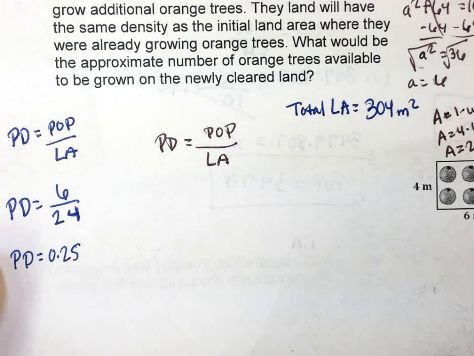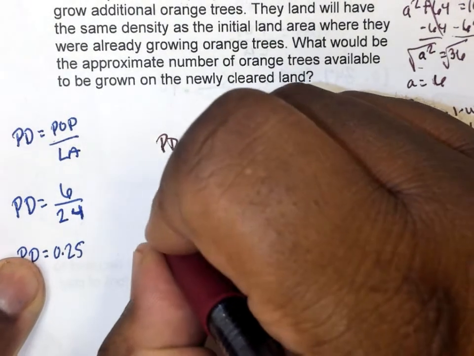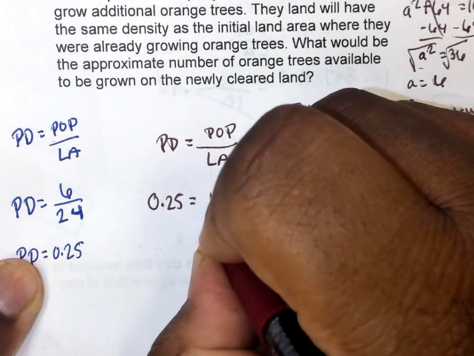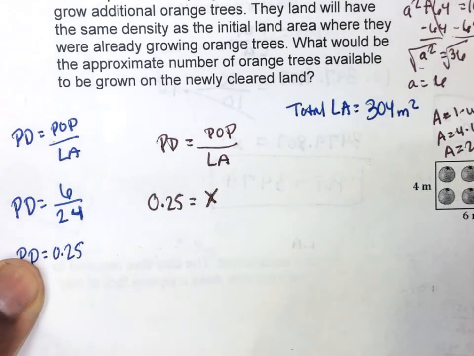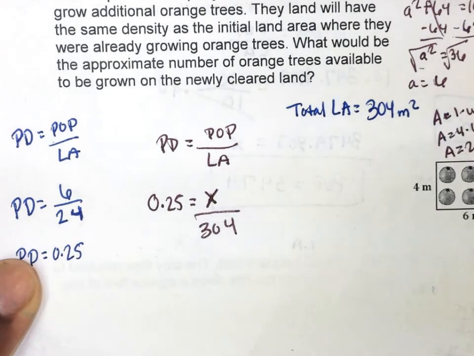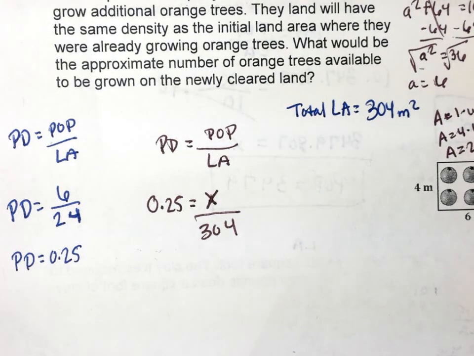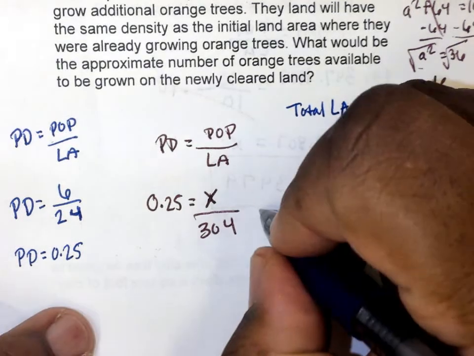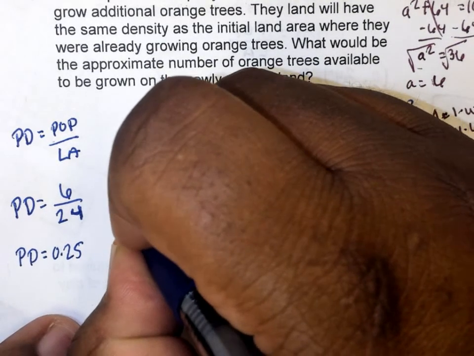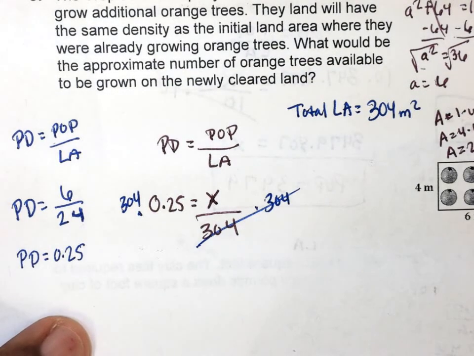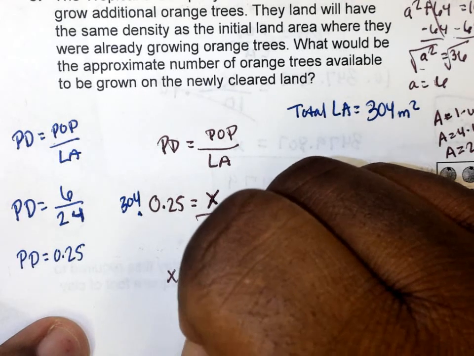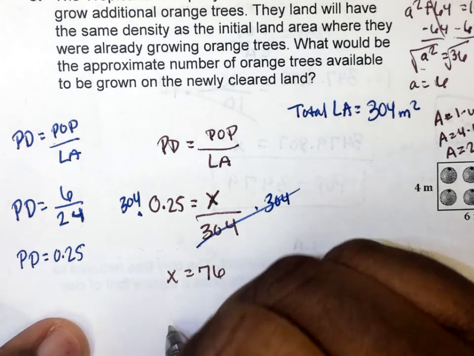In this case, I already know my population density is 0.25. So 0.25 equals, and I'm looking for my population, which is X, over my land area, which is 304. Times 304, 304 cancels. X equals 76. Population is 76.